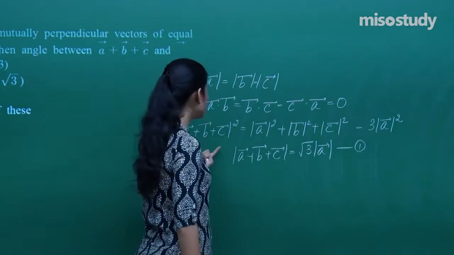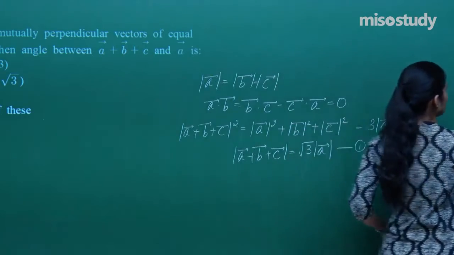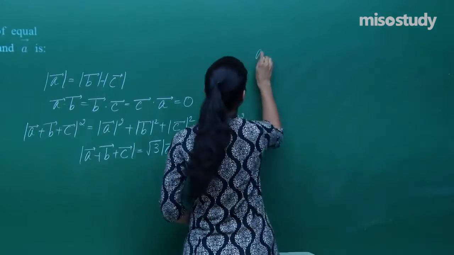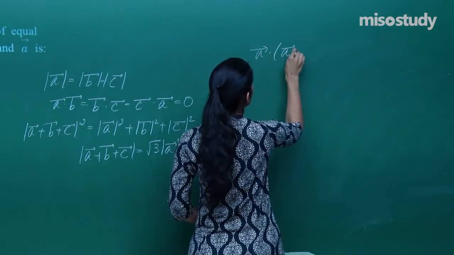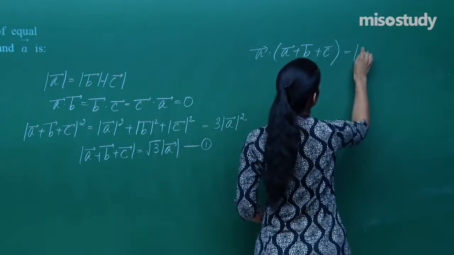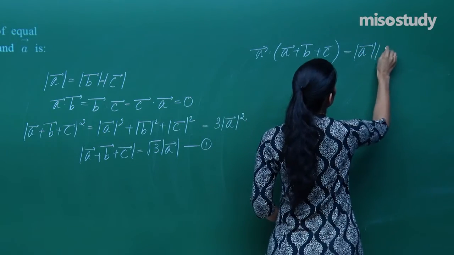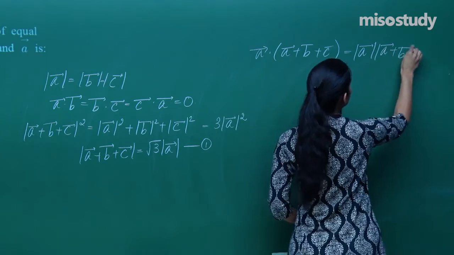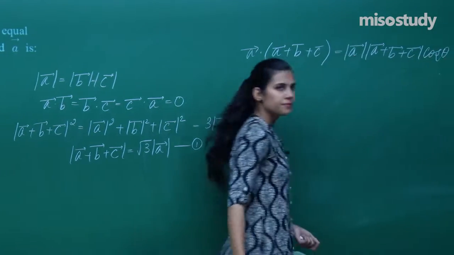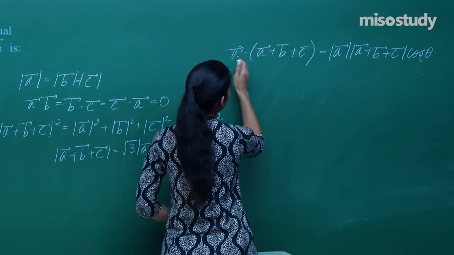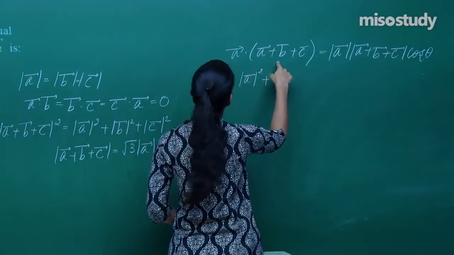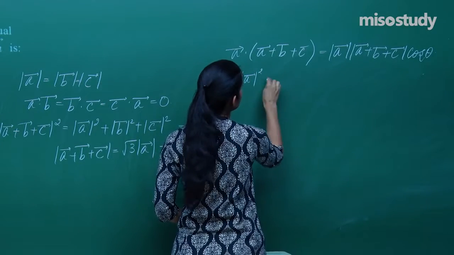I want the angle between A plus B plus C and A vector. What will that be? For that I am interested in the dot product. A dot (A plus B plus C) is equal to magnitude of A plus B plus C cos theta. A dot A is this, plus A dot B is 0, A dot C is 0, so that is it.